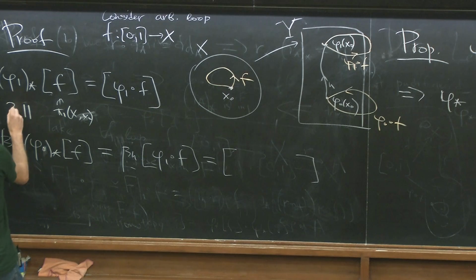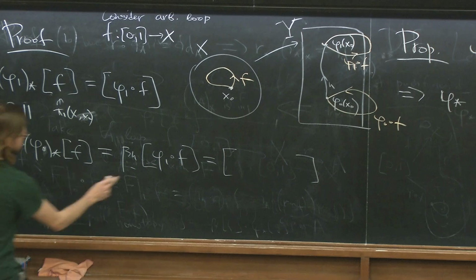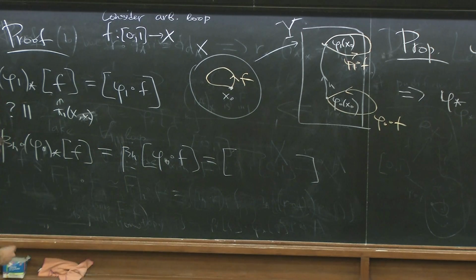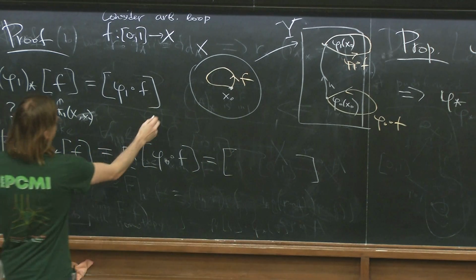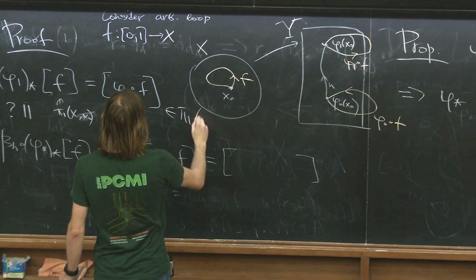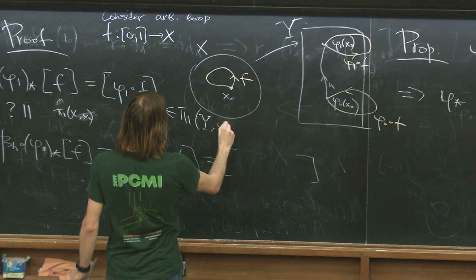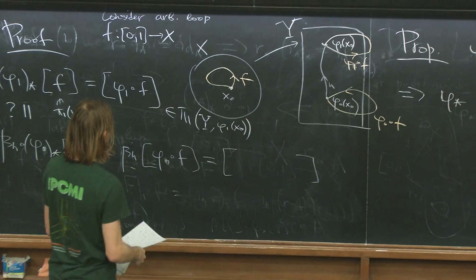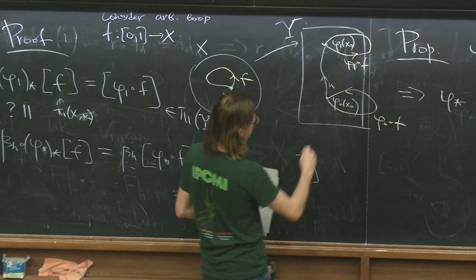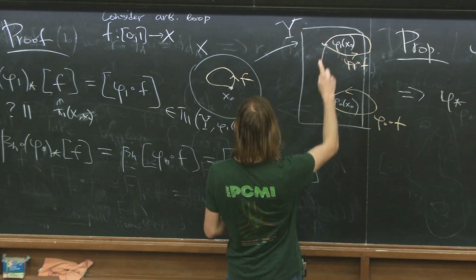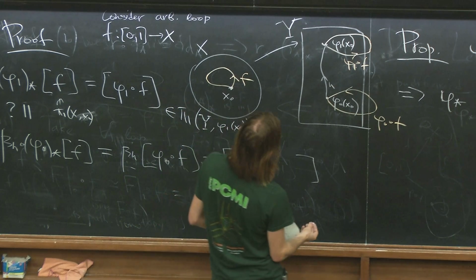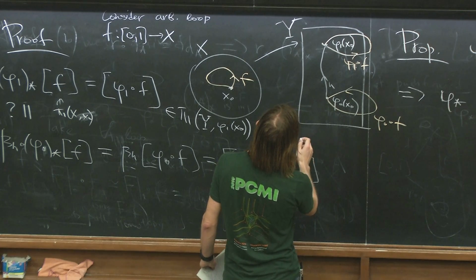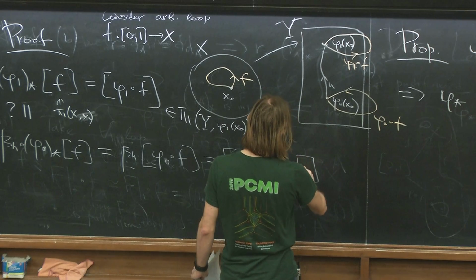So our goal is to show that this is the same for any F. So this thing is phi1 of Y with base point phi1(x0), and this thing is a loop at x0. So we need to transport it here using the path h. To do so, we can first apply h bar.